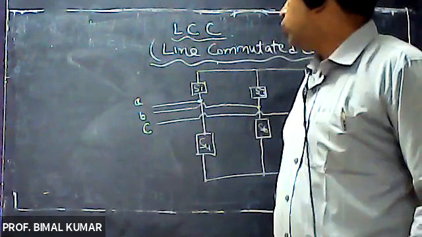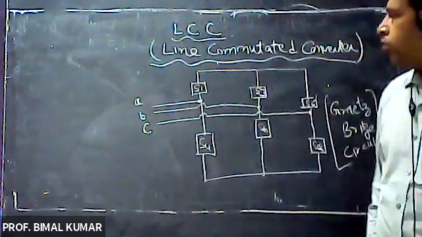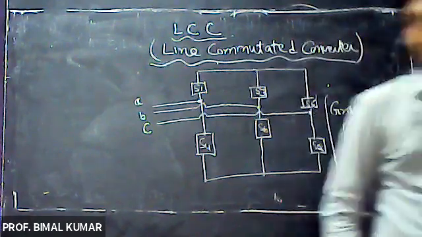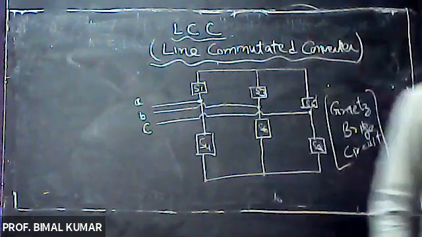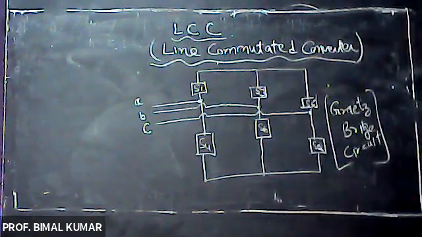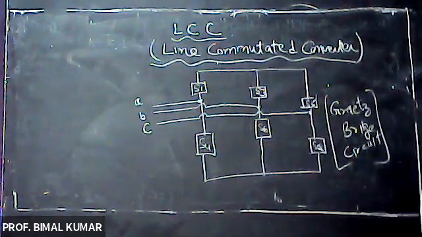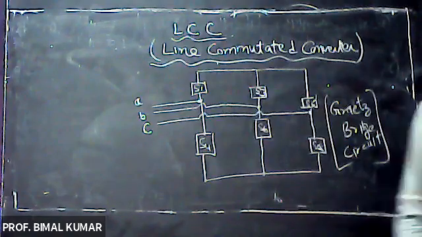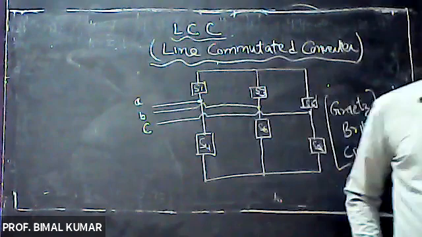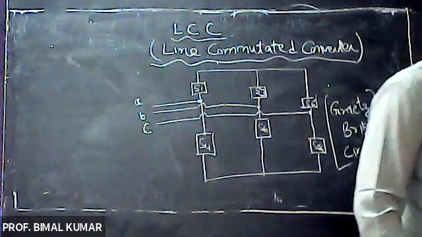So in a three-phase supply, we need three-phase input. In that case, either we may utilize star type connections, or we may use delta type connections to supply input across this circuit.